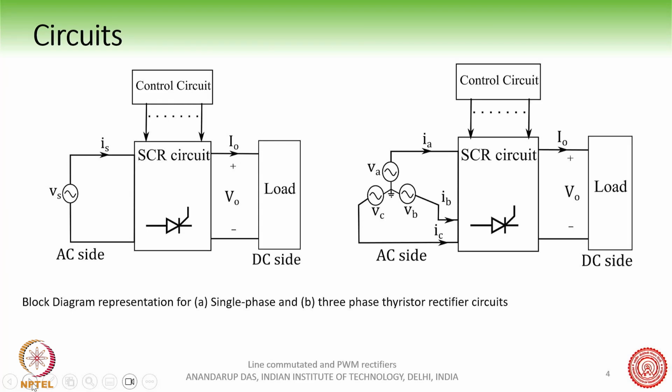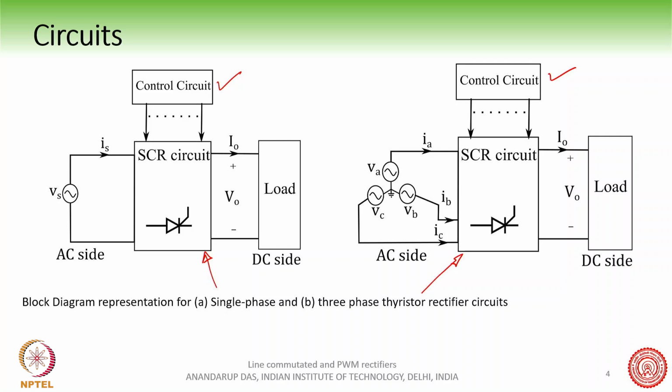If you see the thyristor rectifiers, both the single phase and the 3-phase variants are possible. Here you can see the single phase variant, and here is the 3-phase variant. We have a control circuit, and this control circuit is used to fire the thyristors.